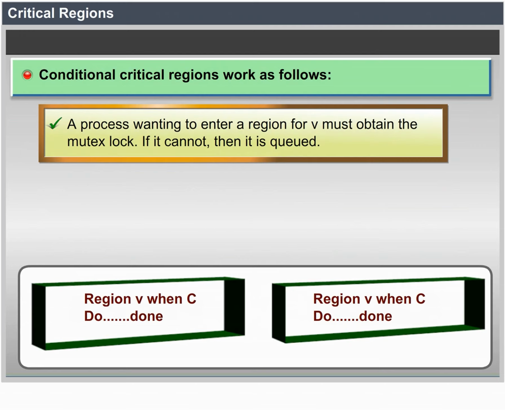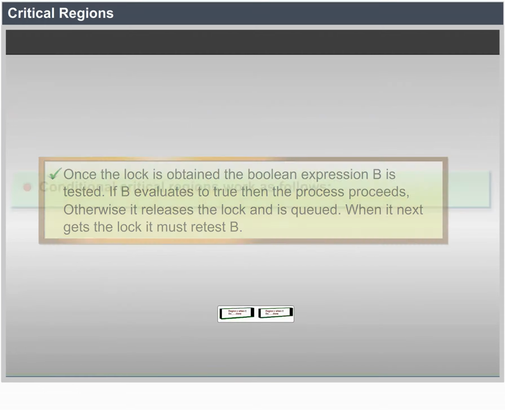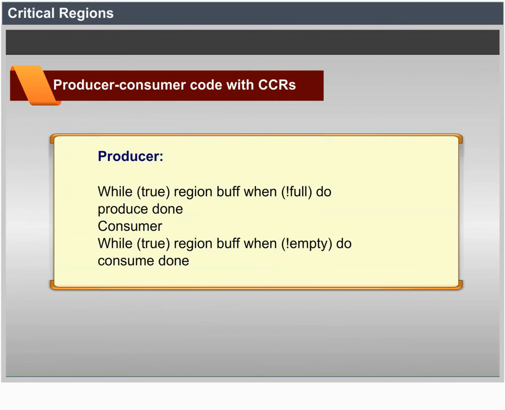If it cannot, then it is queued. Once the lock is obtained, the Boolean expression B is tested. If B evaluates to true, then the process proceeds. Otherwise, it releases the lock and is queued. When it next gets the lock, it must retest B. Producer-consumer code with CCRs.